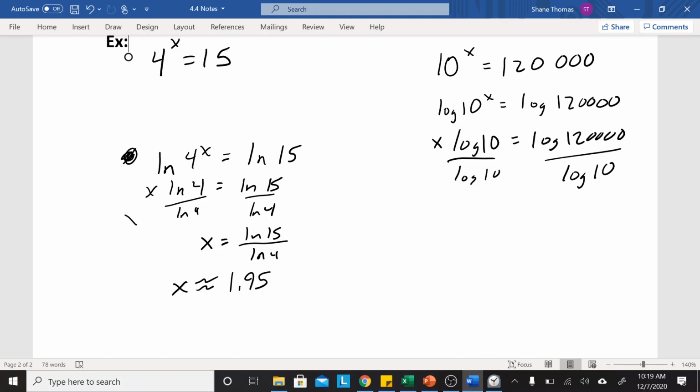It's equal to 1, yeah. So I don't even need this. So x is equal to the log of 120,000, which is approximately 5.08. Again, that's just punching it in the calculator.